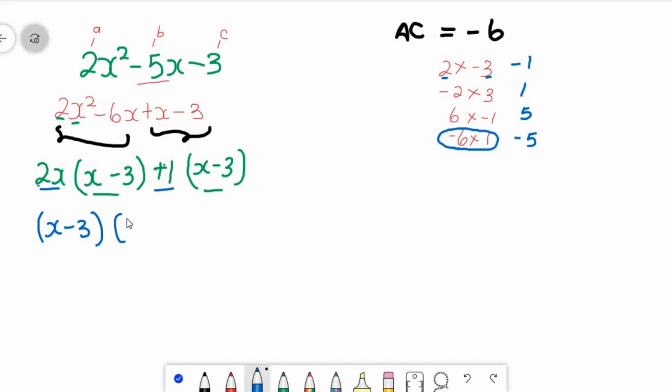So we have 2x, so we write 2x plus 1, and we close bracket. So when we factorize 2x squared minus 5x minus 3, we get x minus 3 into 2x plus 1. So here we have factorized this quadratic expression.